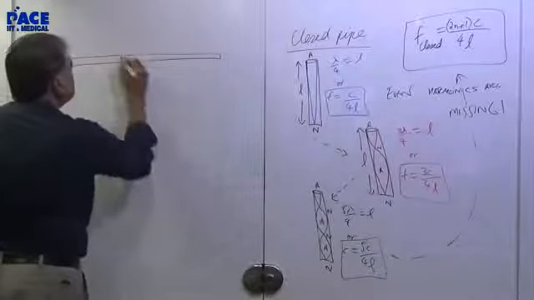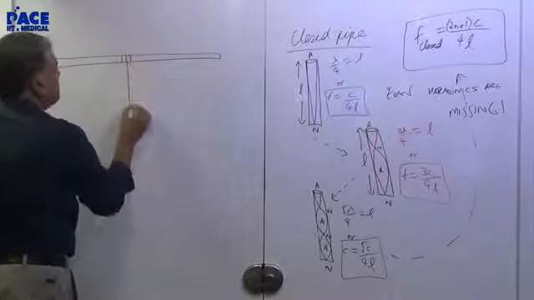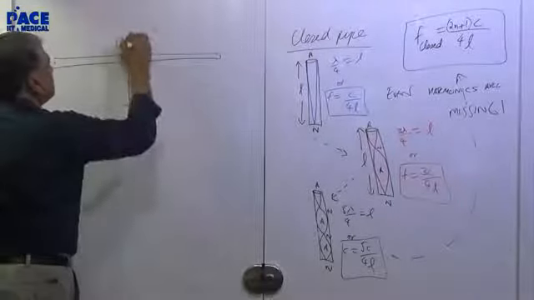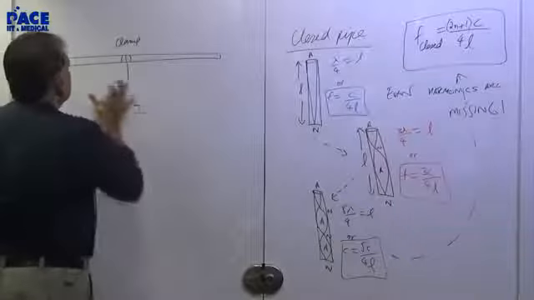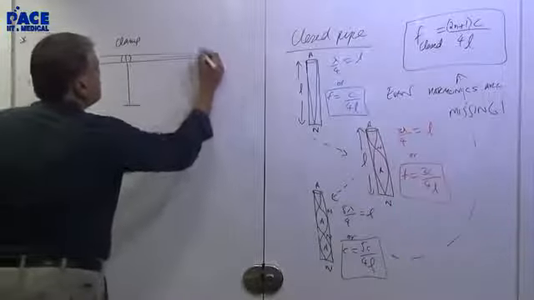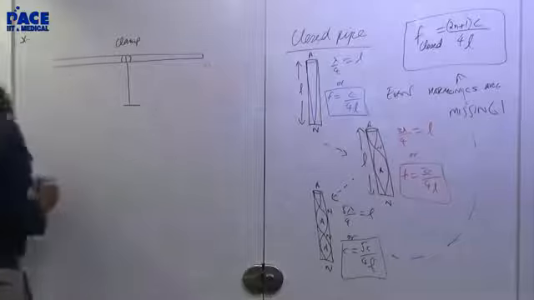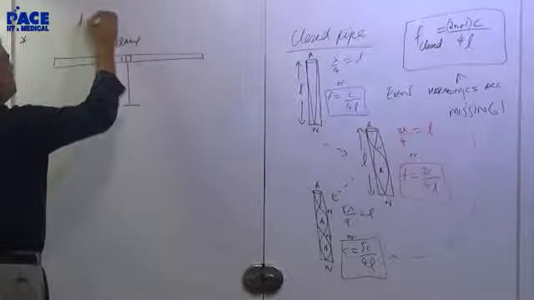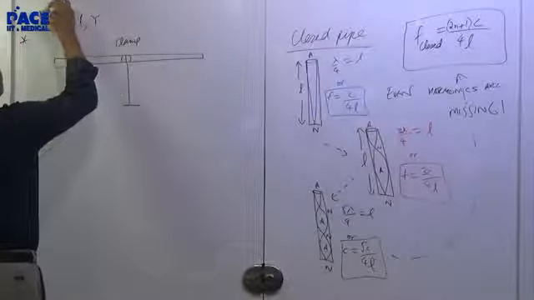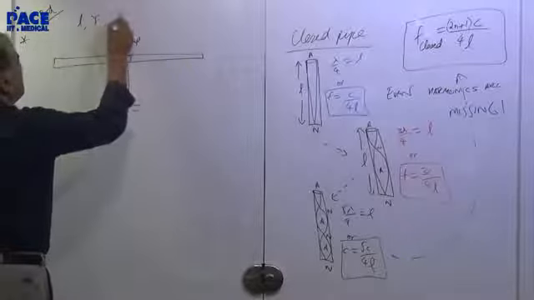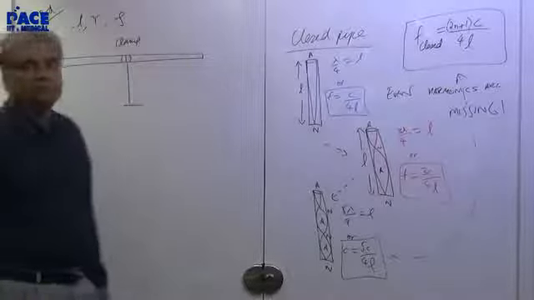We have a rod which is clamped at the middle. It's the same on both sides. The length of the rod is L. The Young's modulus of the rod is Y, and the density of the rod is rho.